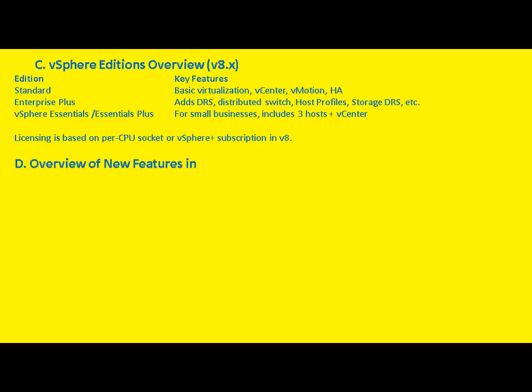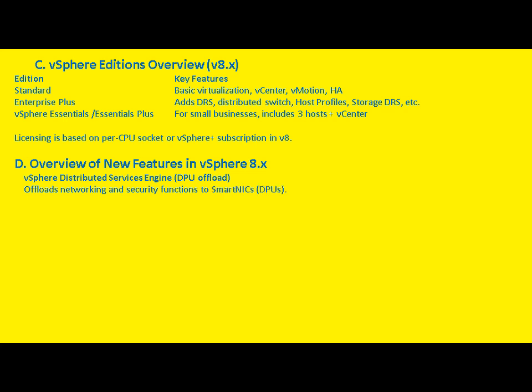Next point is overview of new features in vSphere 8. So what are the new features available in the vSphere 8 version? First feature is vSphere Distributed Services Engine, that is DPU offload. It offloads networking and security functions to smart NICs, that is your DPUs.